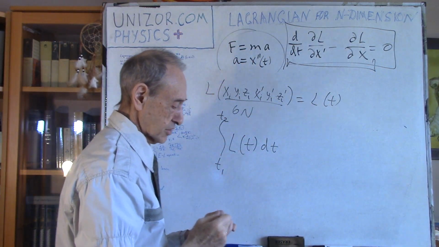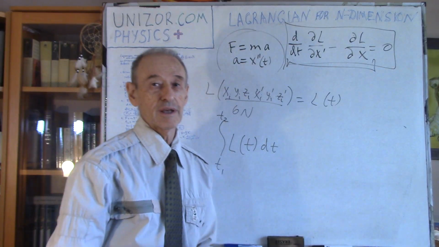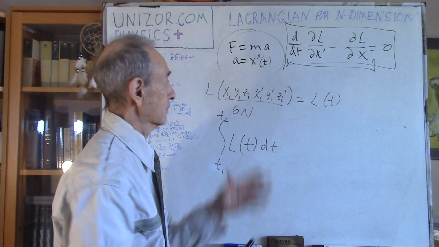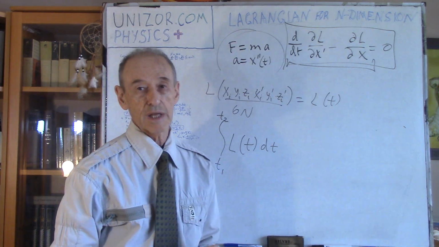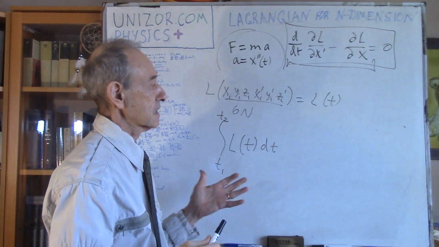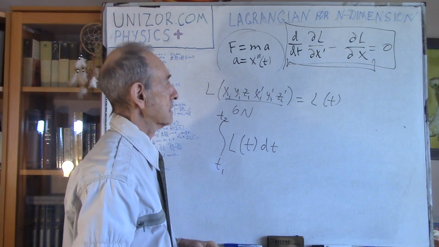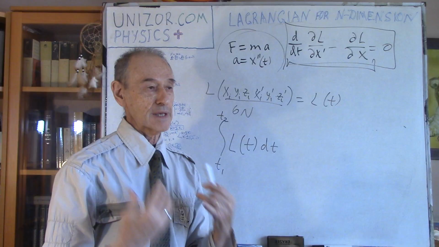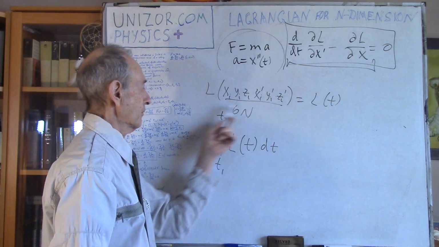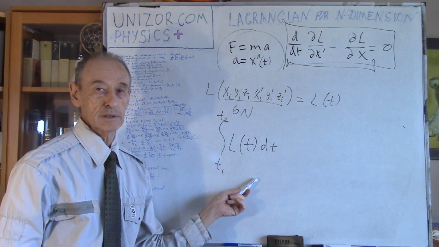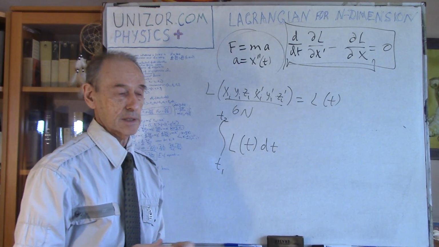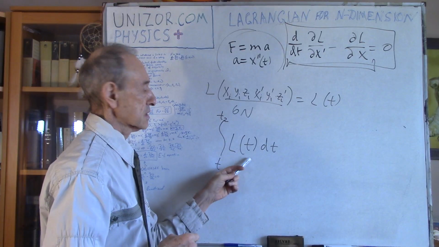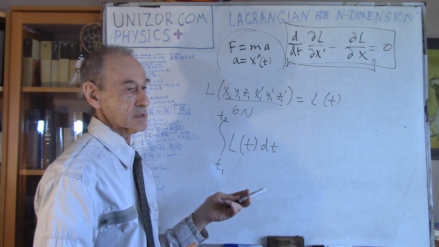If you go to a chapter called Variation, there is one on Unizor.com as well, you will see that that's exactly what it is. That's the Euler-Lagrange equation, which is a necessary condition for having this integral at an extremum.